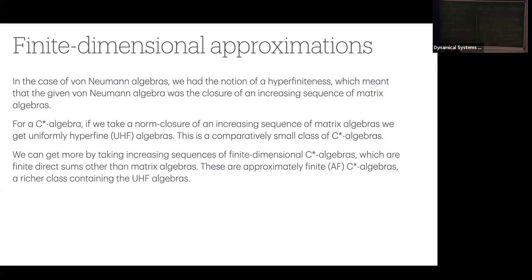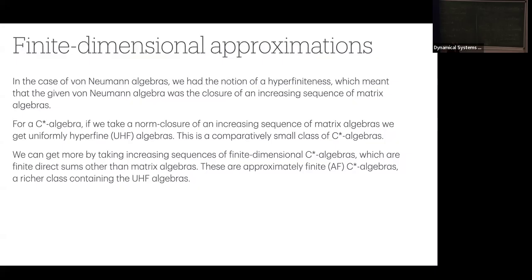We can get a little bit more if instead of just taking matrix algebras, we take inductive limits of finite dimensional C-star algebras. Finite dimensional C-star algebras are always just finite direct sums of matrices, so this allows for slightly more general finite algebras in our sequence.